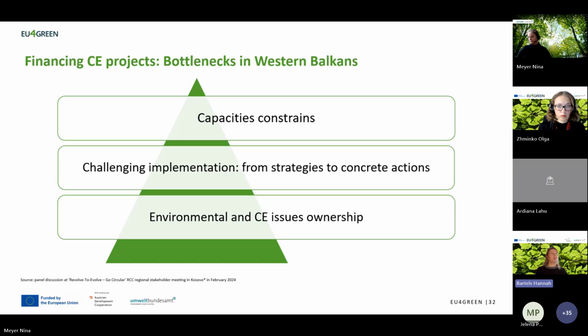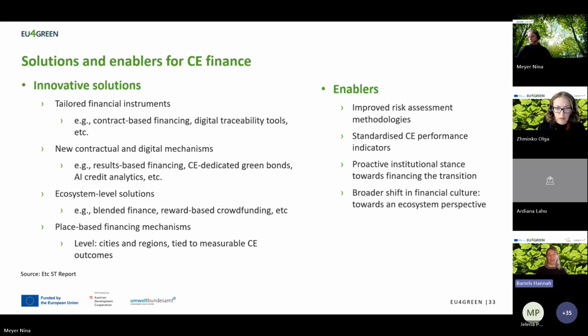However, we don't only see barriers, but we also have solutions and enablers at hand. I think many of them were already discussed throughout this webinar, but maybe I can quickly mention a few innovative solutions that we would suggest in this context. I think it's essential that we have tailored financial instruments, which can be contract-based financing, but also digital traceability tools, which I think are essential for implementing CE activities.